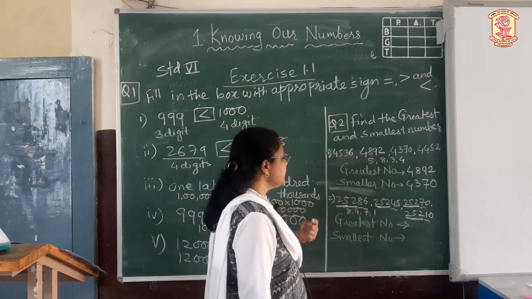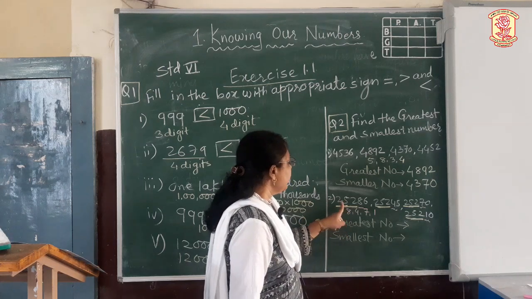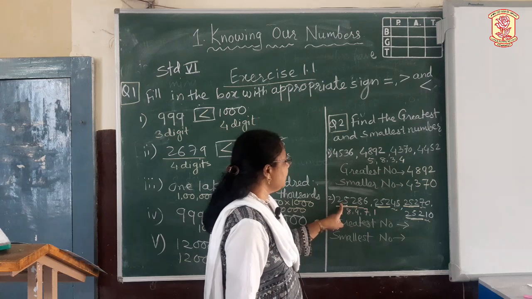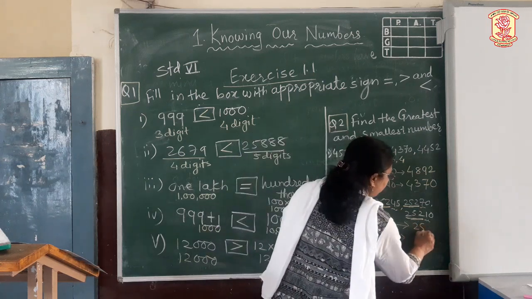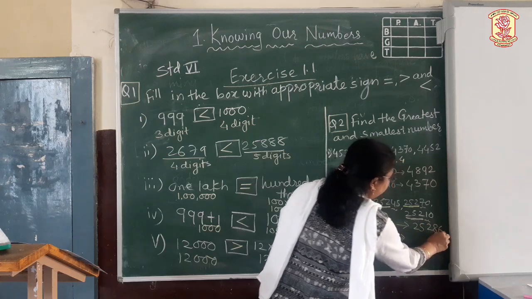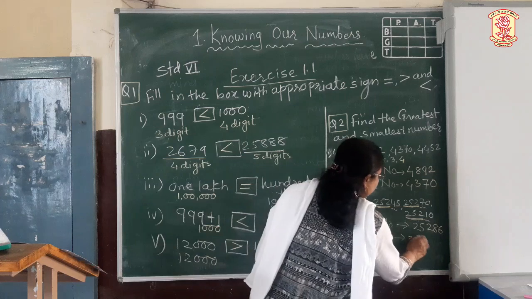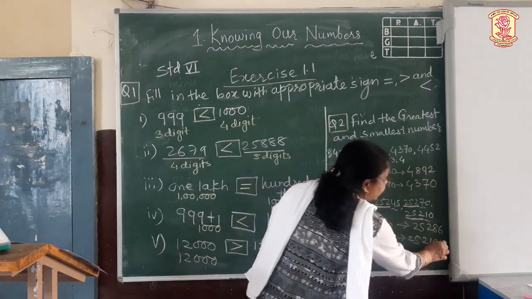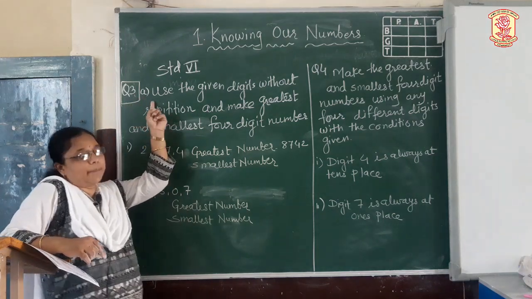Which is the greatest digit here? 8 is the greatest. So your greatest number is 25,286. And the smallest number is 25,210.